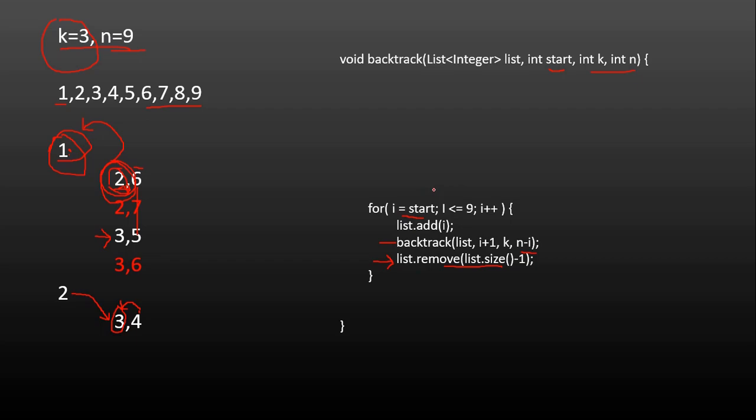Okay, now when I'm recurring, I should not go into an infinite loop, right? So there should be some base condition where I need to stop my recurring. So in this case, what will be the base condition?